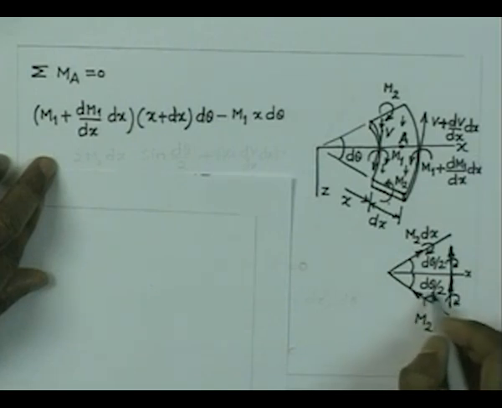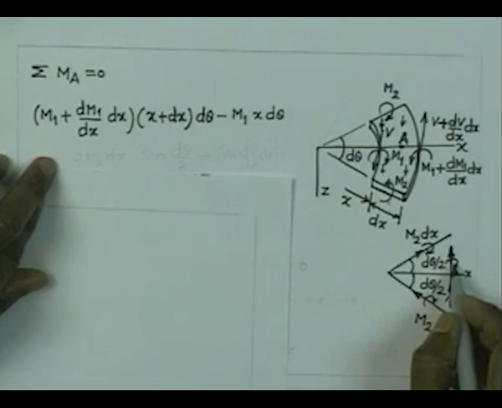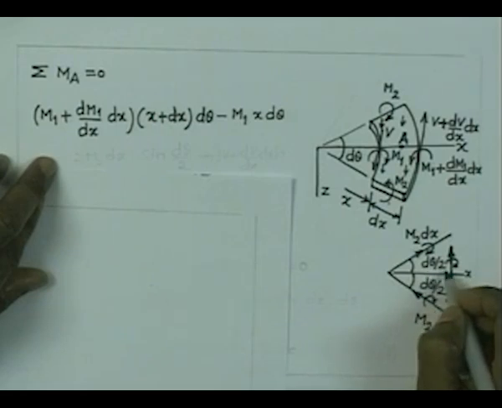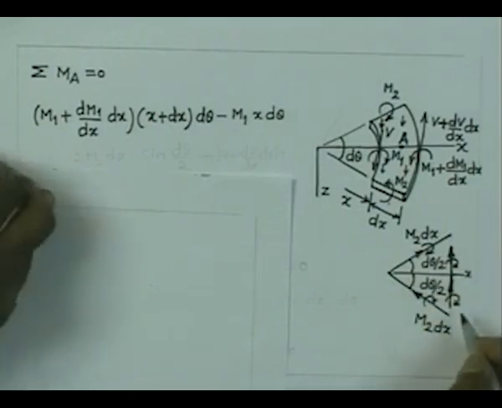So, this is m2 dx sin d theta by 2, which is negative. Similarly, for this also m2 dx sin d theta by 2 is negative. So, therefore, both are additive.